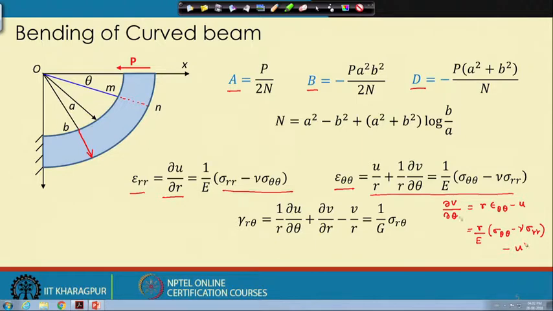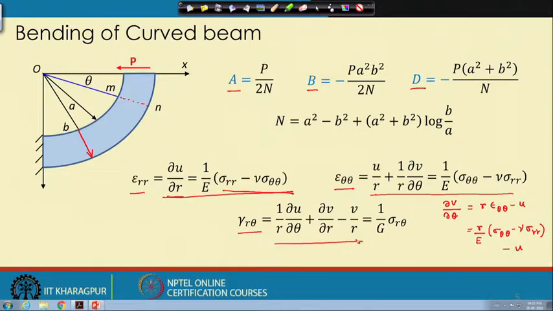We write it this way because we will be integrating these equations to find v. Here del u by del r is essentially this. So we will substitute sigma r and sigma theta theta in these two expressions and then integrate to find u and v.